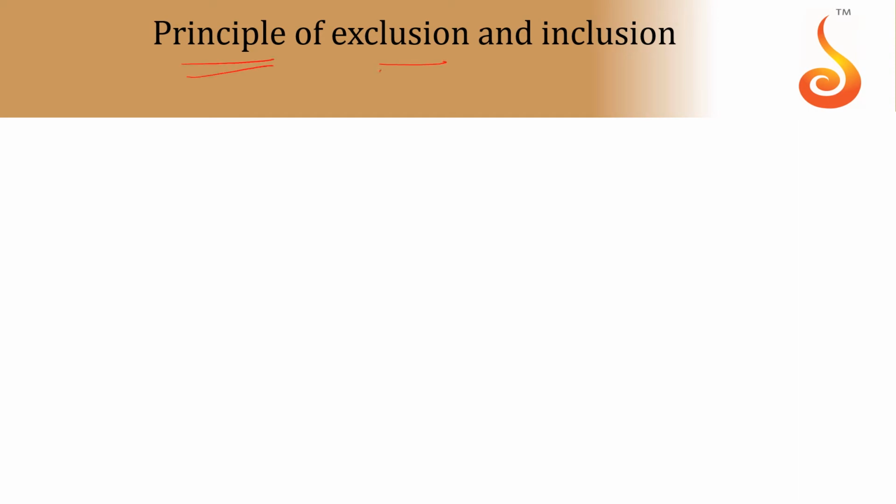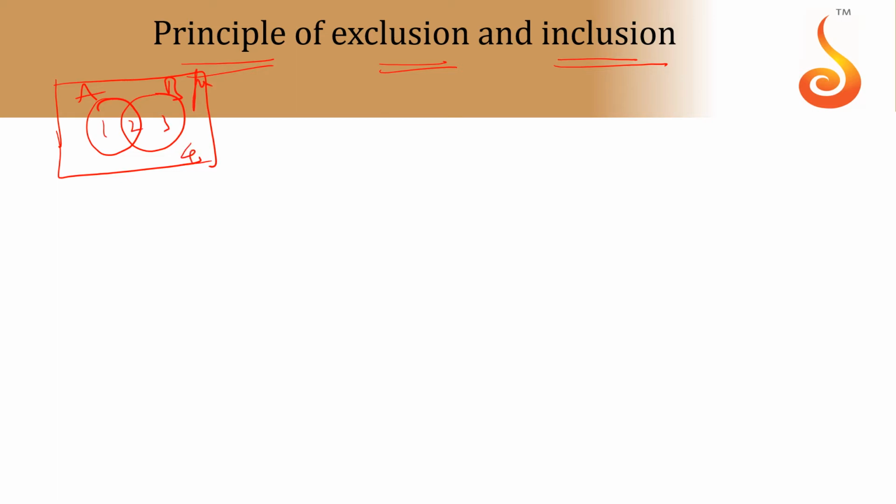Principle of exclusion and inclusion. So what it says, suppose if you have two sets A, B and this is mu, calculating this fourth region is principle of exclusion and inclusion. So how to get this fourth region?